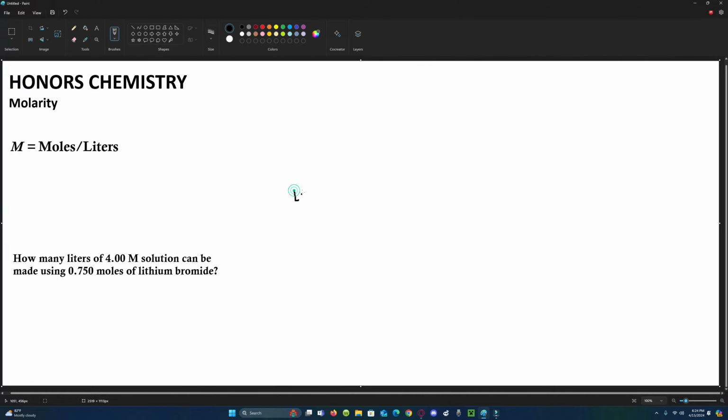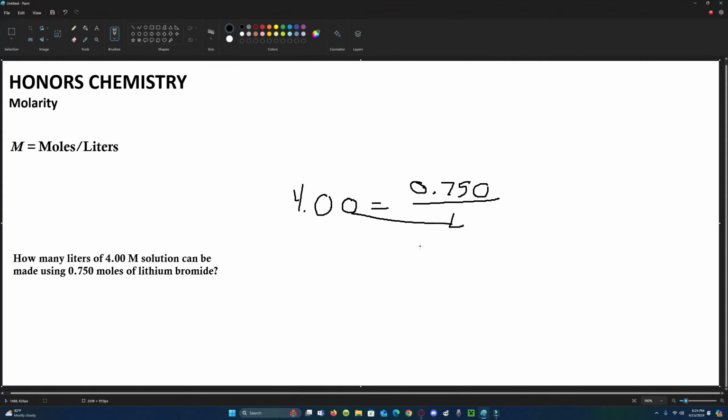So we have 4.00 equals 0.750 over liters. And I'm just going to use L for liters. So the way you would solve this is that you just multiply the L to the other side, and that gets rid of the L as a denominator.